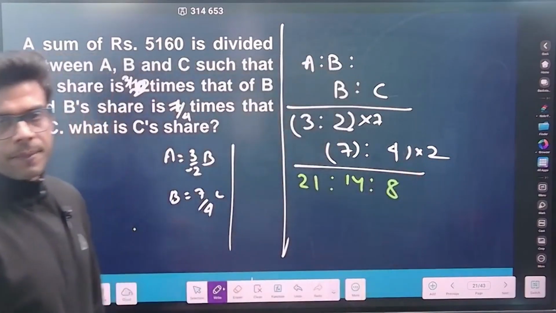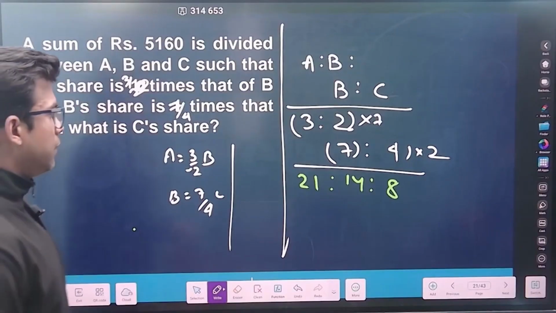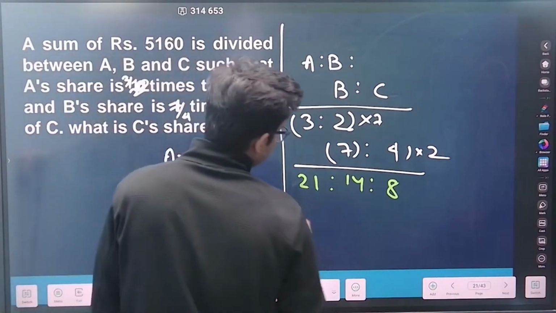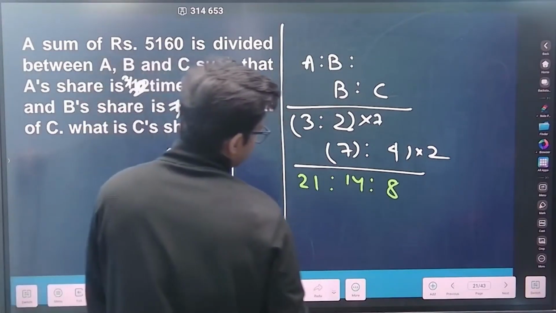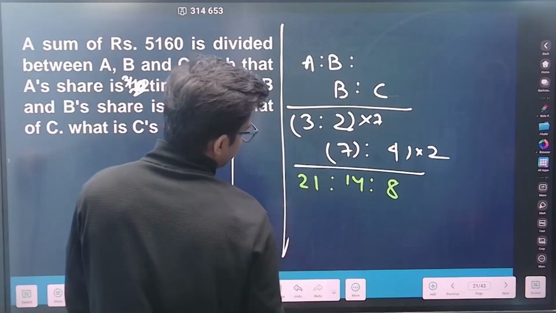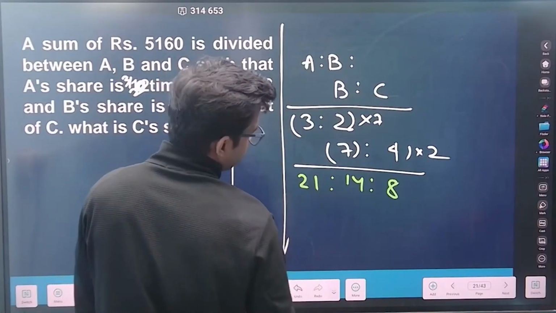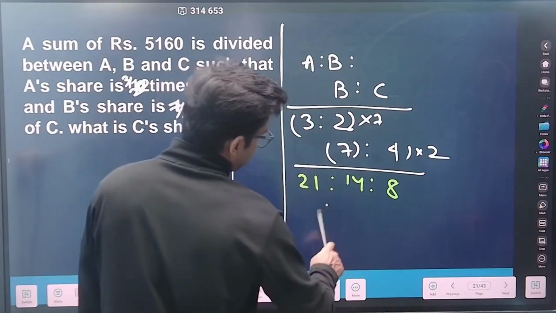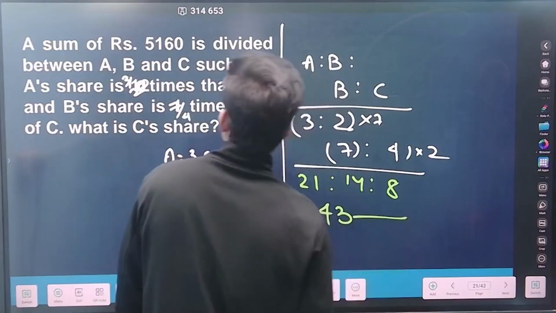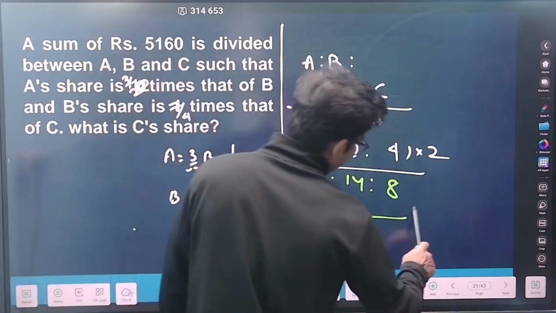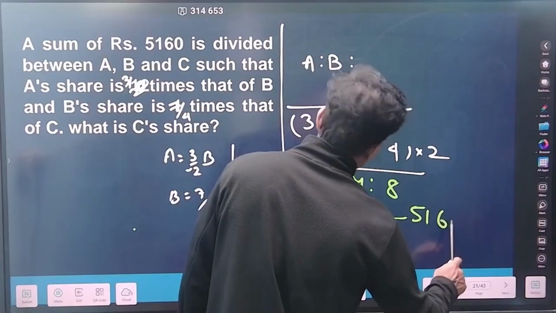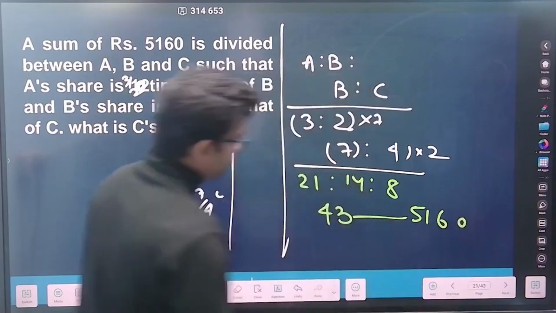Correct, na? So, 21 plus 14 is 35, plus 8, 43. So can I say 43 is the sum according to me, and which is equal to 5160.